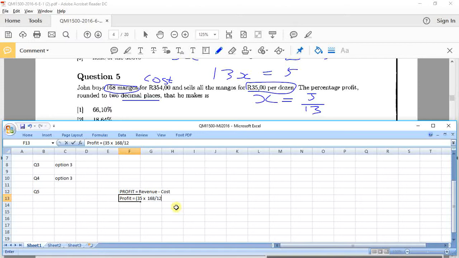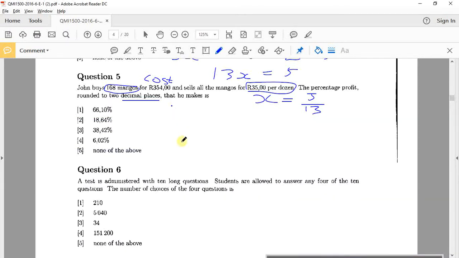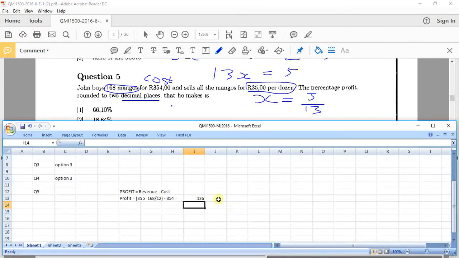168 divided by 12. That gives you the number of dozens. Do you agree? Yes. Minus the cost of 354. 136 Rand is his profit. So we've got the profit.